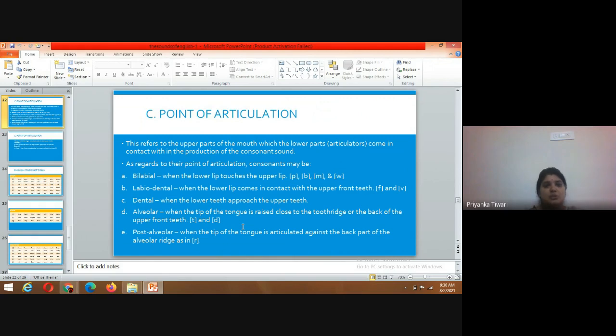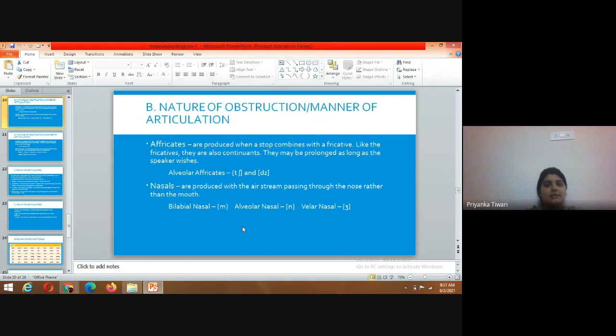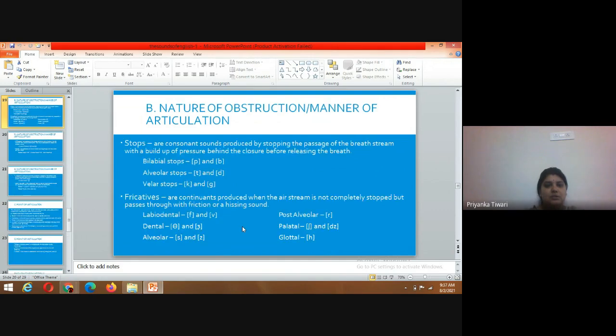Now the nature of obstruction, the manner of articulation. Stops are consonant sounds produced by stopping the passage of the breath stream, with a build up of pressure.